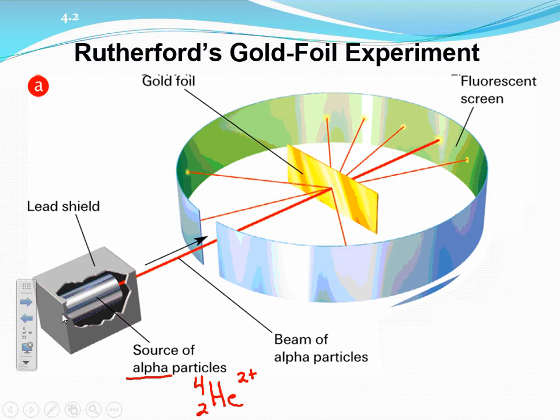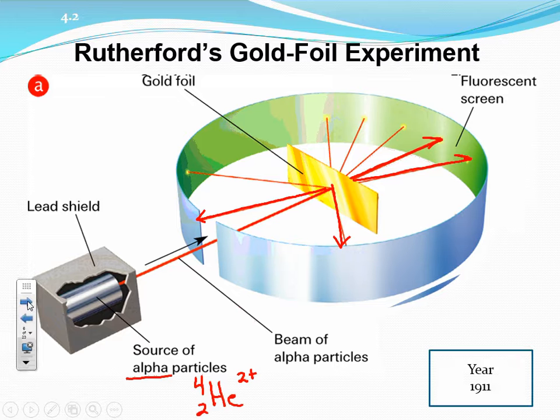What he expected with the plum pudding model, which is what he was working under, was that all of these would go straight through, maybe with a little bit of a deflection. What was his genius is that he noticed these very, very few that shot backwards.